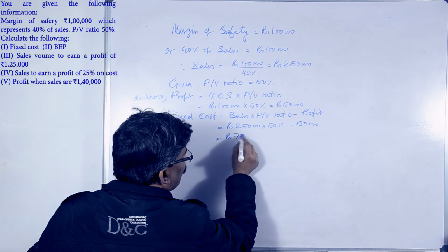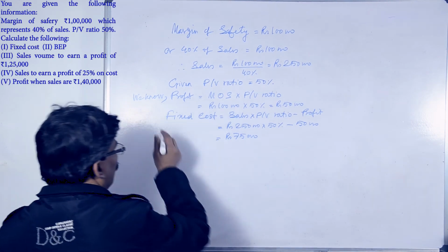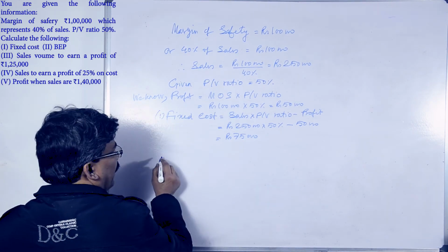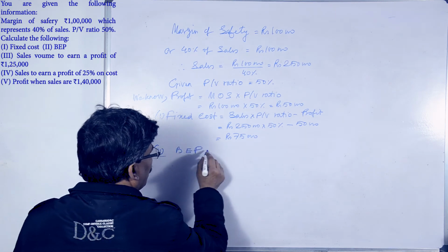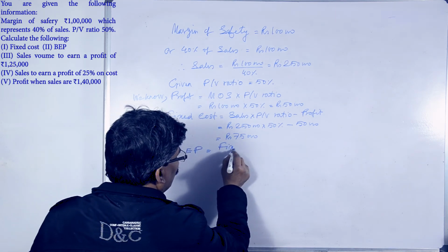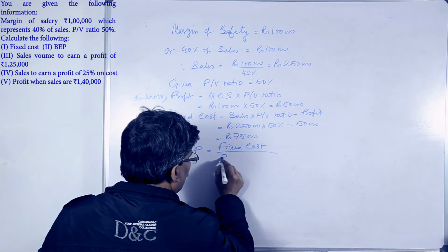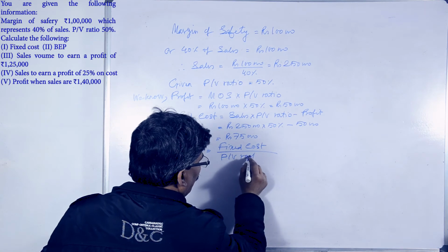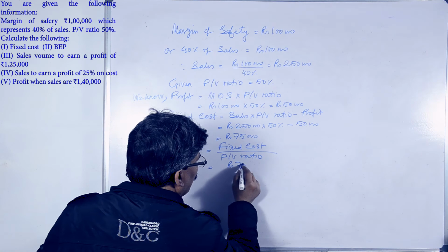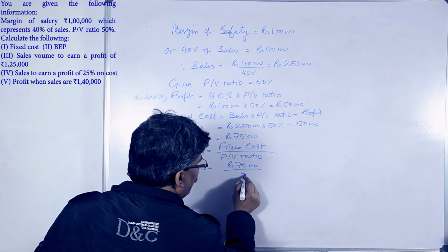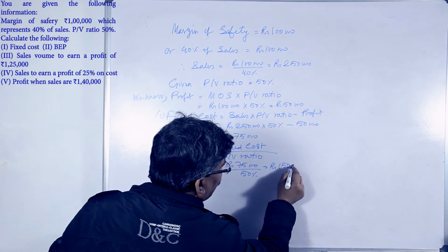Therefore, it is coming 75,000, that is fixed cost. This is number 1, and number 2 we have to calculate break-even point, and break-even point we know fixed cost by PV ratio. Fixed cost is 75,000, PV ratio is 50%, therefore break-even point is coming as 1,50,000.